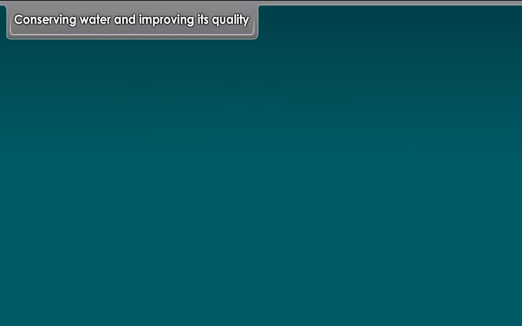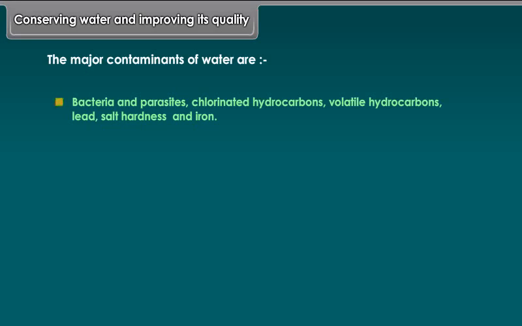Conserving water and improving its quality. The major contaminants of water are bacteria and parasites, chlorinated hydrocarbons, volatile hydrocarbons, lead, salt hardness, and iron.